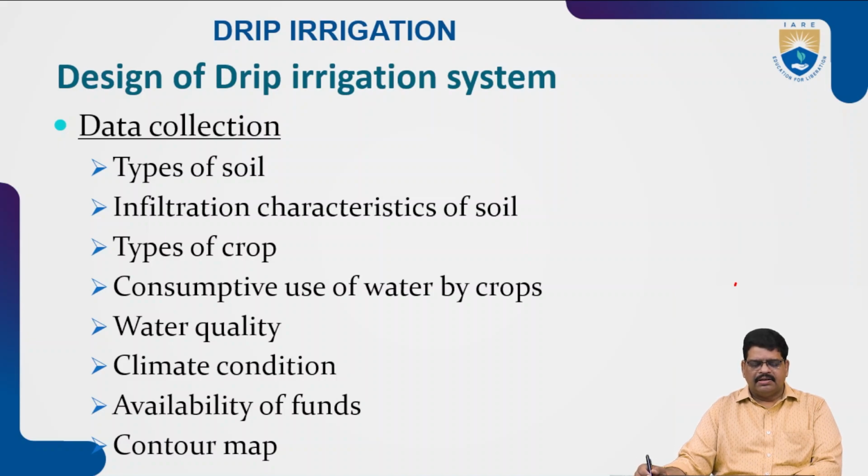Next, climatic conditions. Climatic conditions are a very main criteria for the drip irrigation system. In some areas with cold conditions, the requirement will be less, because there is also moisture content in the atmosphere, so they don't need to provide as much water.